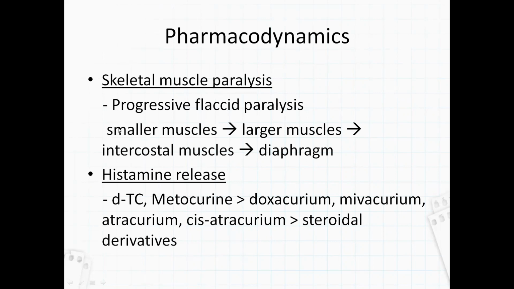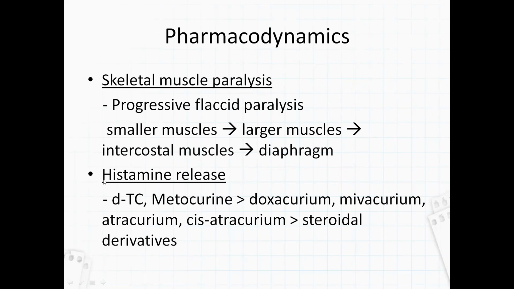Then the larger muscles like the trunk muscles and limb muscles are affected. Later, the intercostal muscles are affected. And in the end, the diaphragm is also affected, which may lead to respiratory depression. This is how it progressively causes skeletal muscle paralysis.